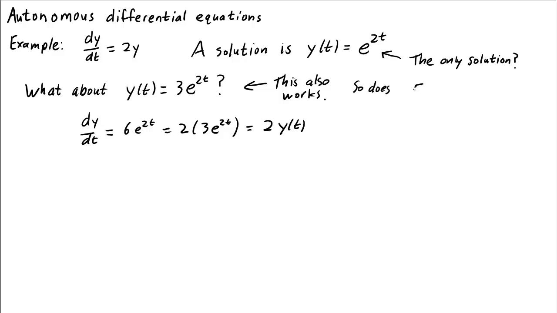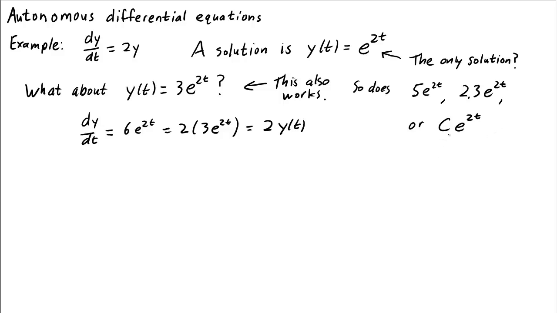In fact, so does 5 e to the 2t. If y of t equals 5 e to the 2t, dy dt is also 2 times y, or 10 e to the 2t. Or, in general, any number c times e to the 2t.